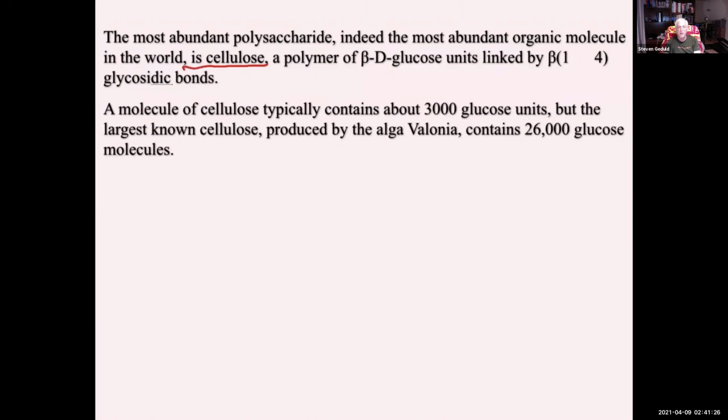A molecule of cellulose can contain about 3,000 glucose units. But the largest ones, produced by the alga Valonia, contain 26,000 glucose molecules. So they can be huge.